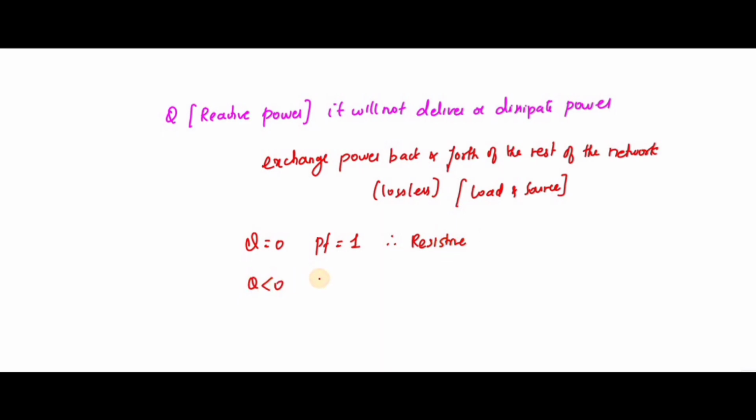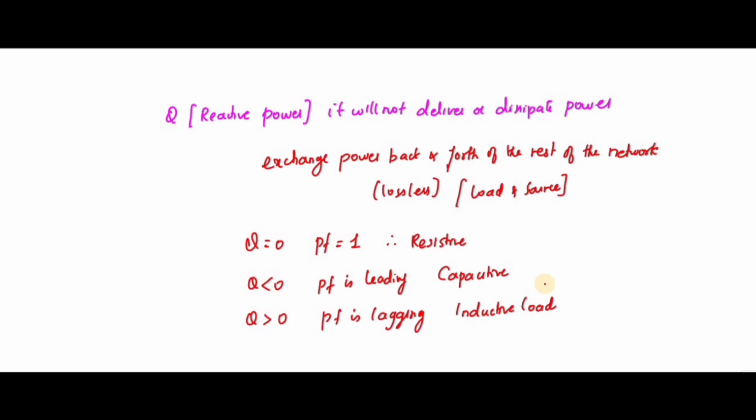If Q is less than 0, the power factor is leading, which means it is capacitive. And if Q is greater than 0, the power factor is lagging, so it is an inductive load.